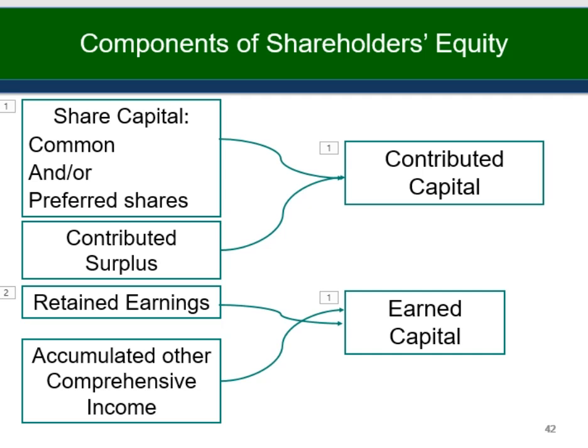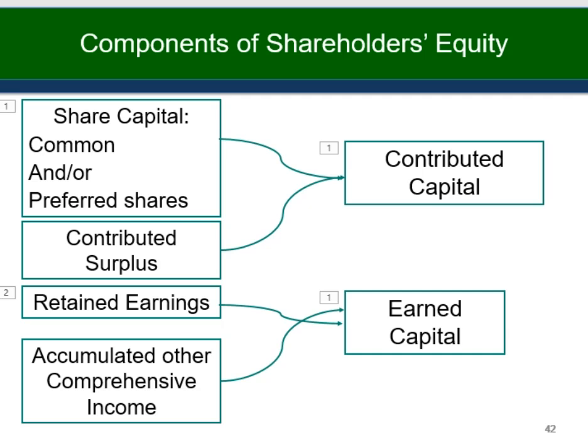Contributed surplus can also arise, as we've seen earlier, if there's a gain on subscriptions or a gain on repurchase of shares. That amount would go into a contributed surplus positive account. If there is contributed surplus and we repurchase shares at a loss, the loss would reduce the amount of contributed surplus. Retained earnings and accumulated other comprehensive income are both part of earned capital, and so they're different from contributed capital.